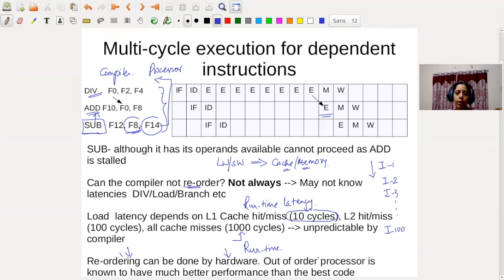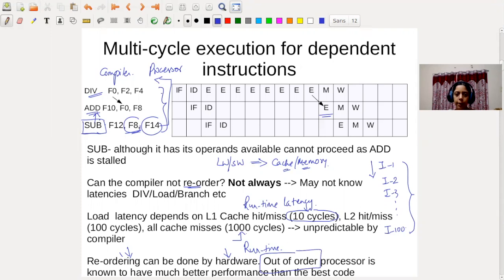So basically, reordering cannot be done in the same sense as it is done in the compiler because compiler has a look at the entire instruction set and the instructions that are in the program, and it can have idea of the future instructions, whereas the hardware does not have such an idea. So what we do is we do what is called out of order execution.